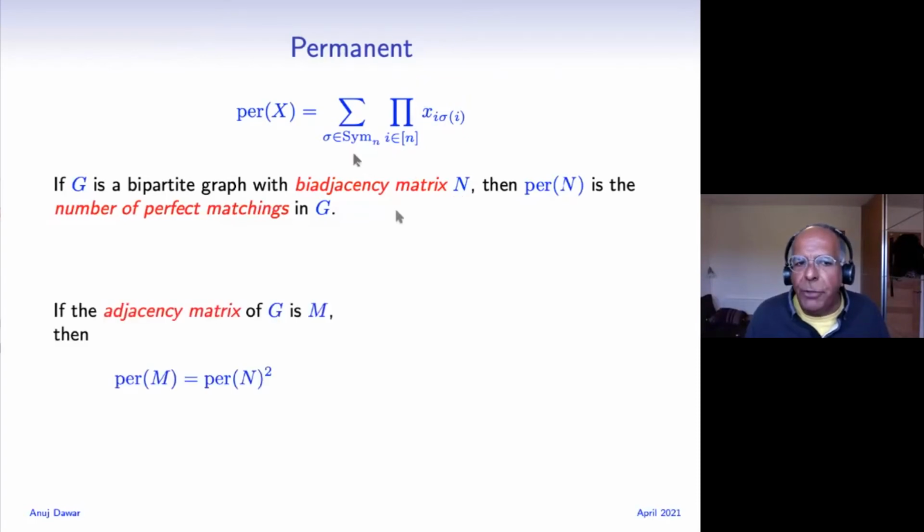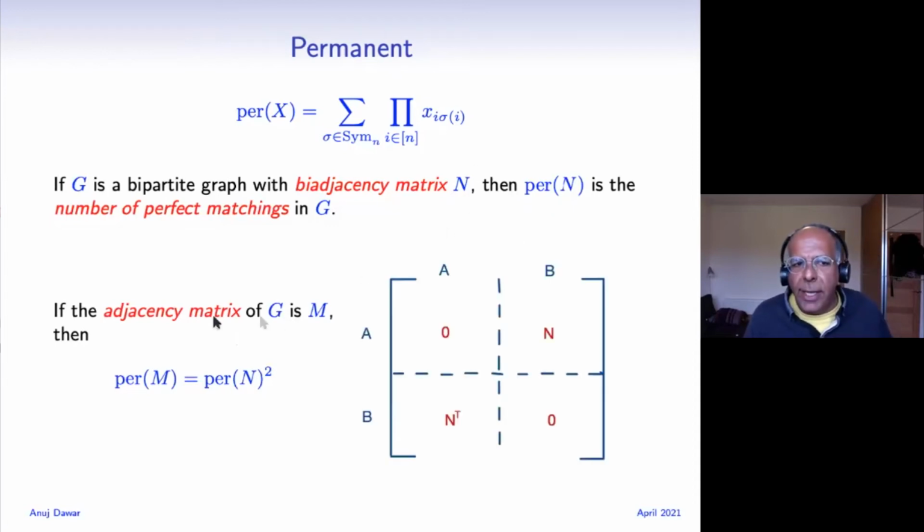Take the same graph G, this bipartite graph, and consider its adjacency matrix. Its permanent is the square of the permanent of N. So the square of the number of perfect matchings. This is also not too hard to see, because what is the adjacency matrix of the graph G? Well, you'll have now both vertices from A and vertices from B in the rows and vertices from A and vertices from B in the columns. Because it's a bipartite graph, there are no edges inside A and no edges inside B, so these two matrices are all 0.